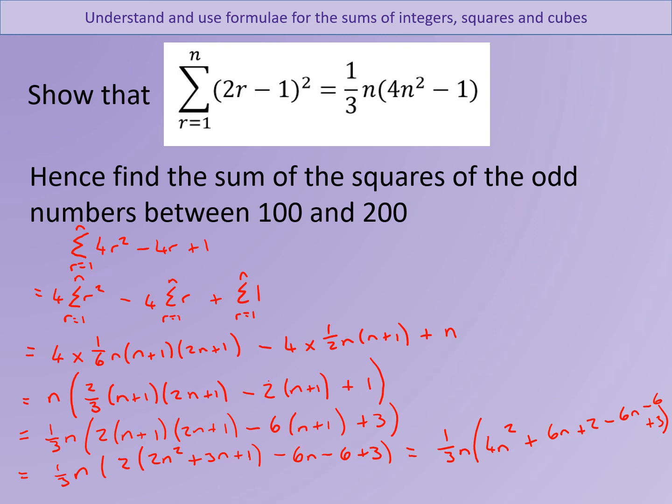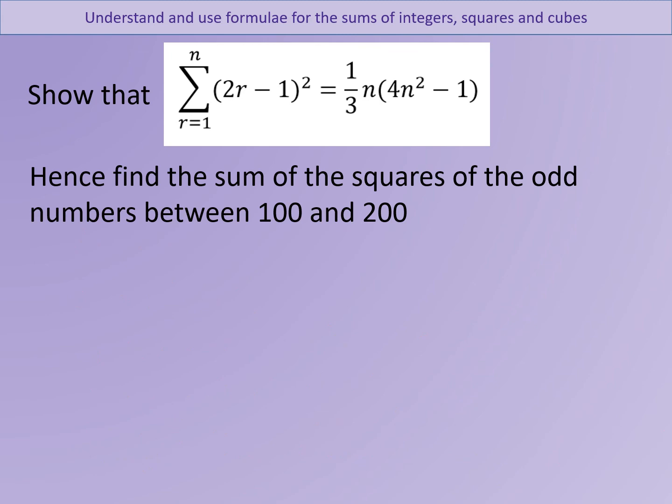So the final answer, we get a third n, and that all simplifies down. We've got 4n squared. The 6n and the minus 6n cancel out, and we've then got minus 6 plus 2 plus 3 is minus 1. So that gives us the final answer there of a third n times 4n squared minus 1.